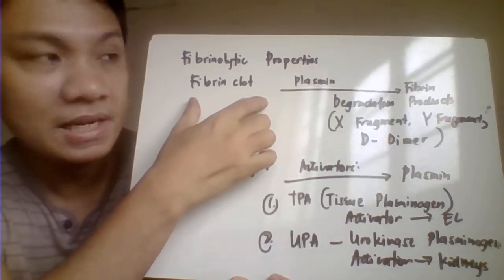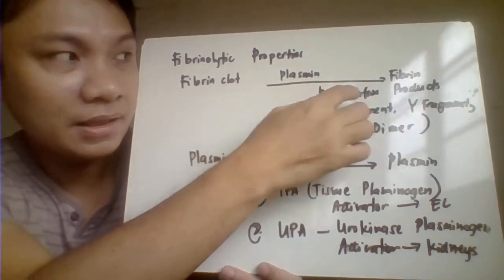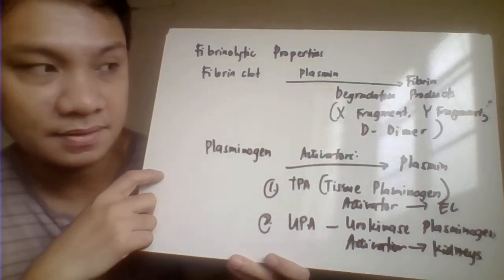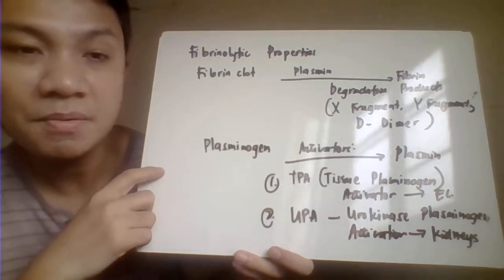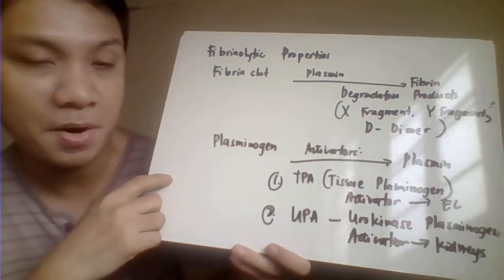So we have here the fibrin clot. What you are needing for that would be your plasmin that would be converted to your fibrin degradation products. Again, your fibrin degradation products include your X fragment, your Y fragment, and your D dimer.